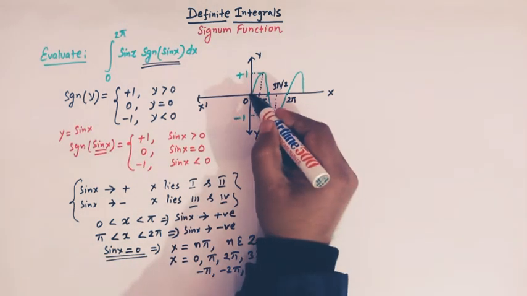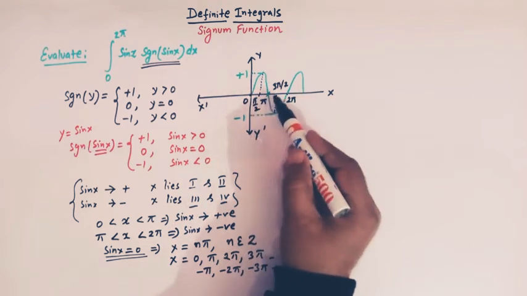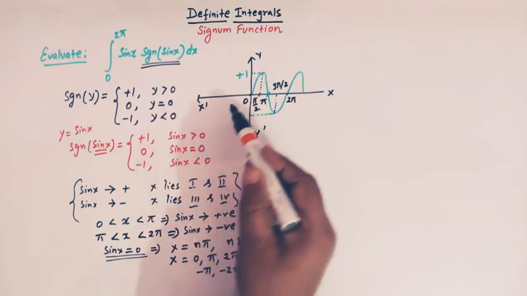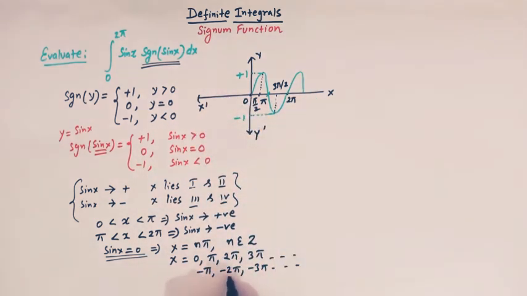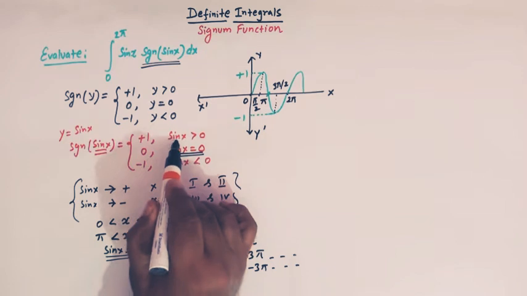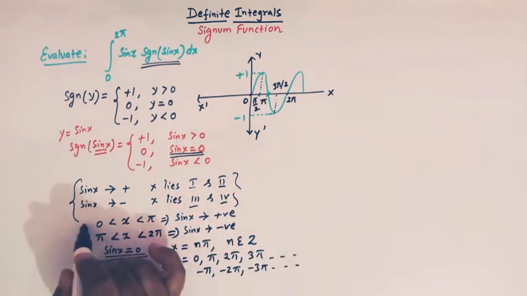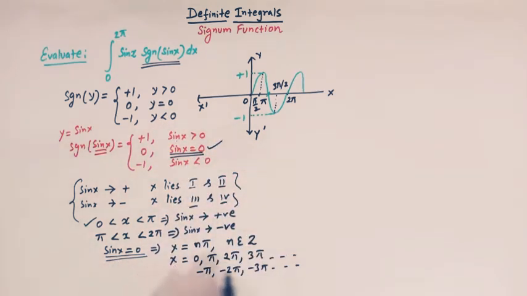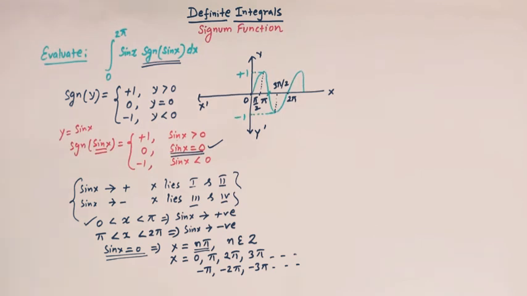So sine x is greater than 0 whenever x lies in the first and second quadrant, sine x is equal to 0 whenever x is an integer multiple of pi, and sine x is less than 0 whenever x lies in the third and fourth quadrant.